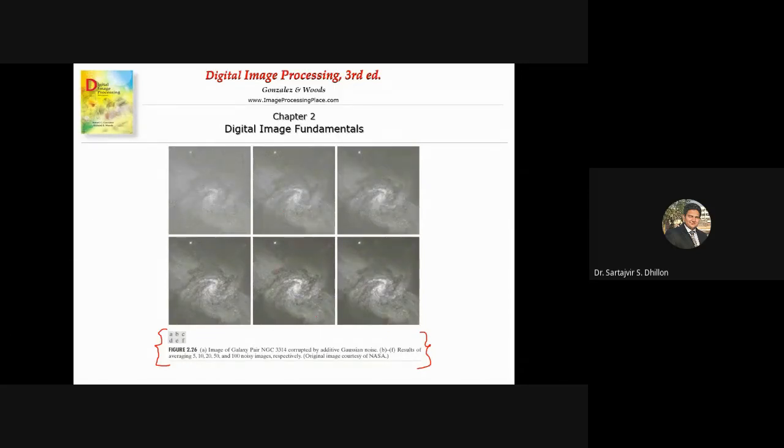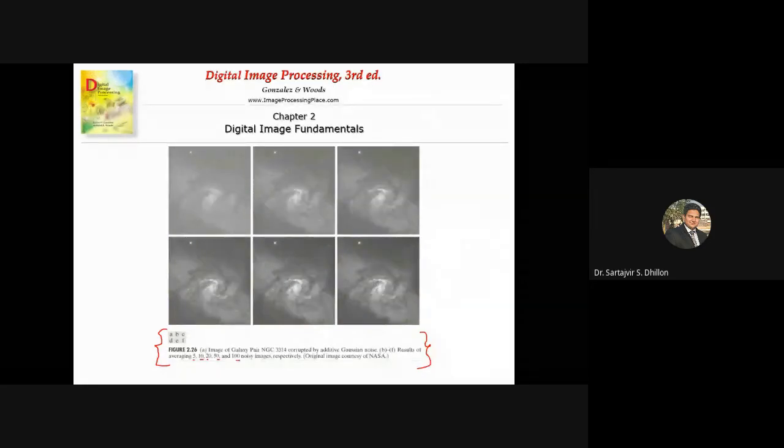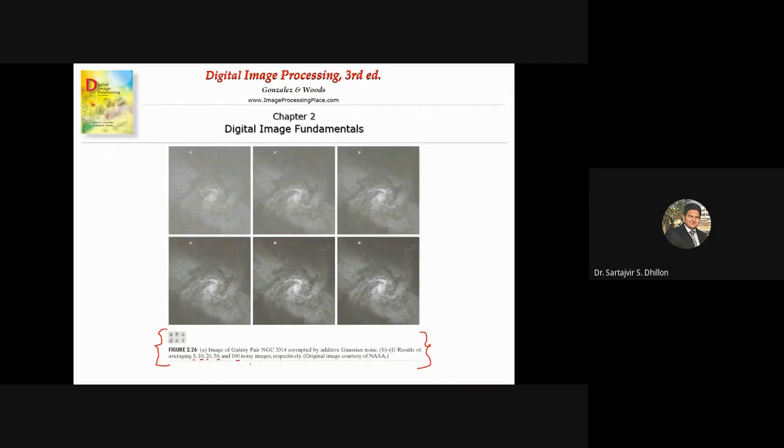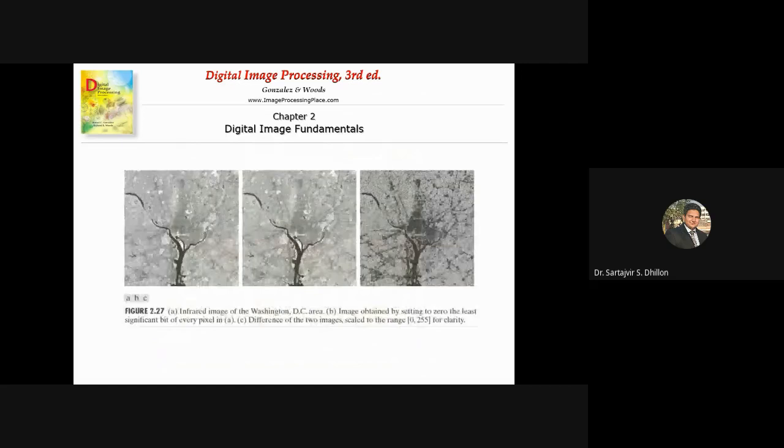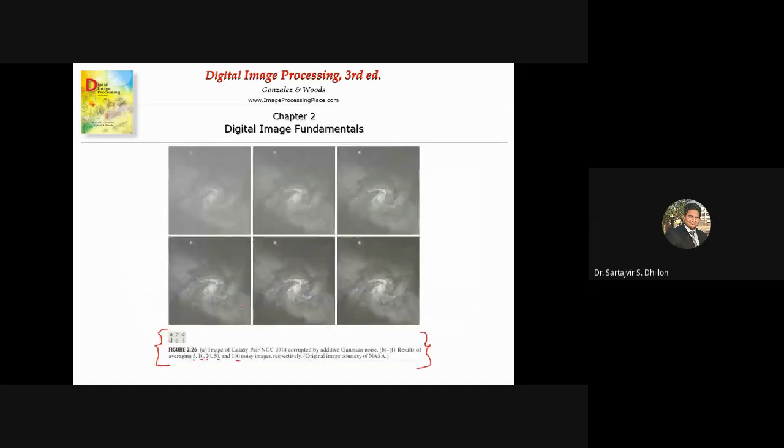In this case, they have averaged the pixels of 5, 10, 20, 50, and 100 noisy images, which we will cover in detail in the next lecture. Before that, we have to understand the arithmetic operation.